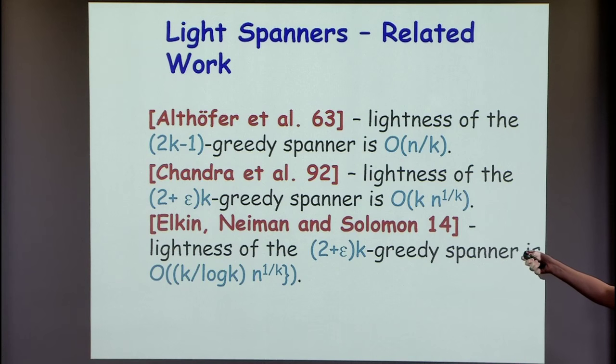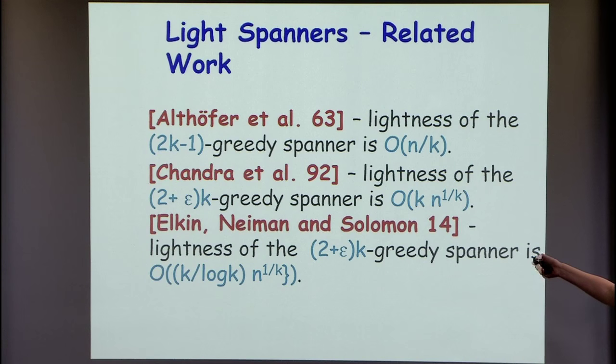Okay, so in 63, it was shown that if you just use the greedy spanner that we saw with 2k minus 1 stretch, then this is the lightness that you get. Maybe better, but they show that this is at most the lightness that you get.